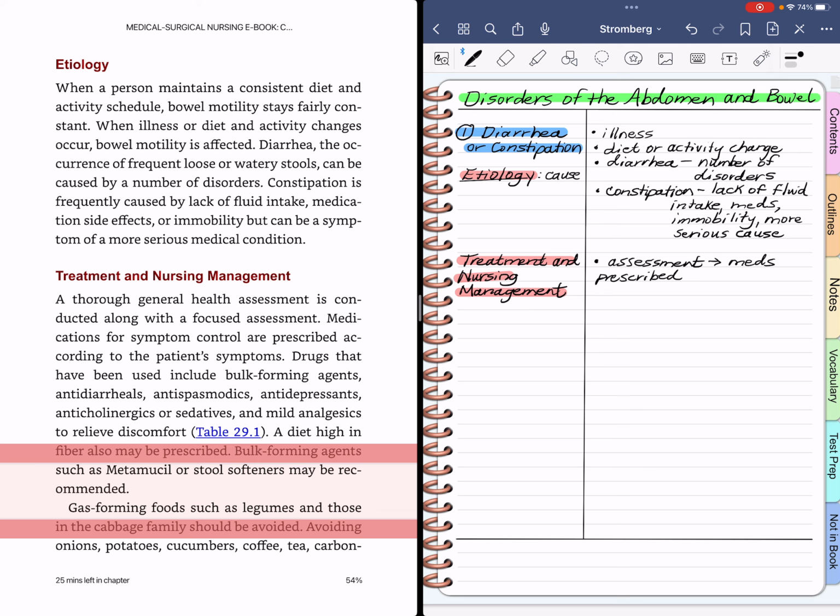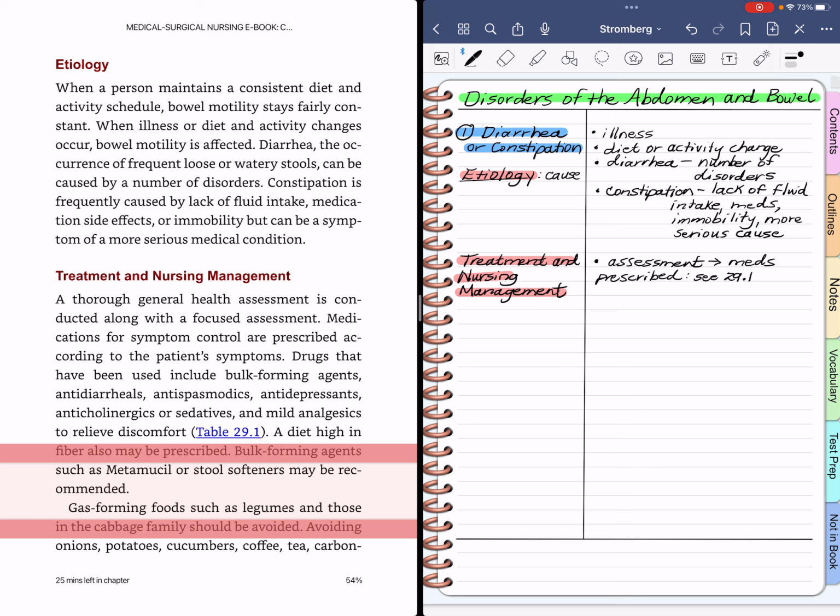According to symptoms. And some of those include the ones listed there. You could list them if you want to be that detailed. You could also look at Table 29.1. So I'm just going to say C 29.1. So that's Chapter 29, Table 1.